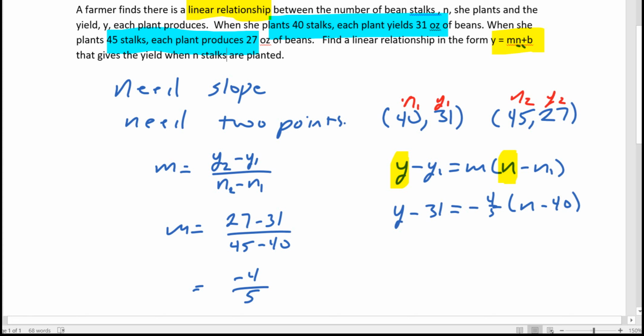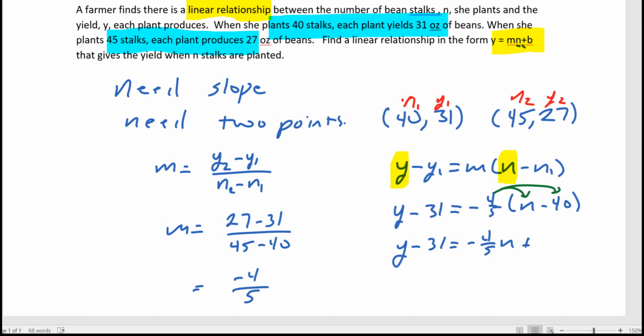Now, oftentimes you have to write it in that slope-intercept form, the y equals mx plus b stuff. To do that, it's always the same 2 steps. Take this number and distribute it to get rid of your parentheses. So that's going to give us negative 4/5 n plus, and then 4/5 times 40, it's going to be 32.